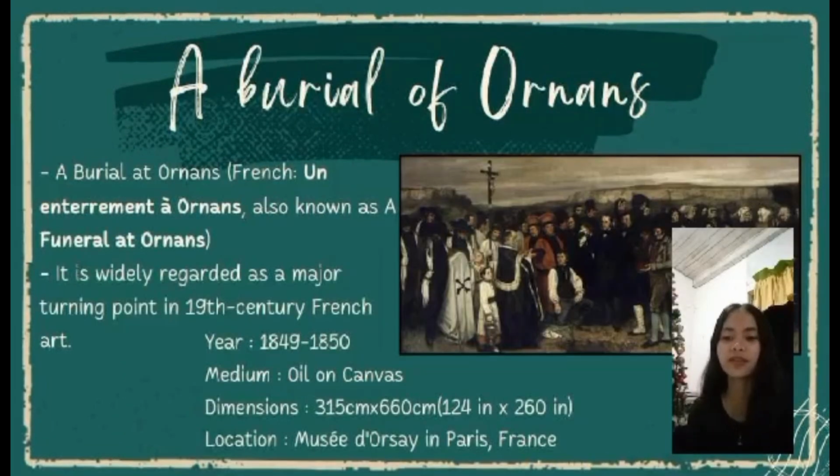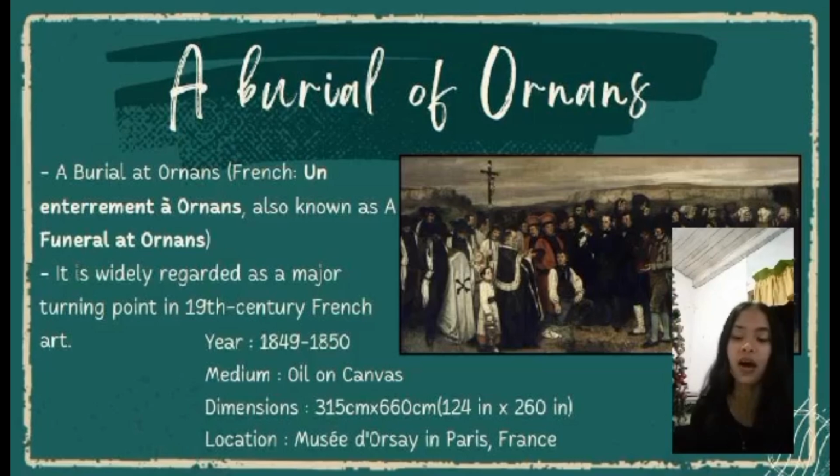Another painting of Gustave Courbet was A Burial at Ornans. A Burial at Ornans, or in French, Un enterrement à Ornans, also known as A Funeral at Ornans, is widely regarded as a major turning point in 19th century French art. As you can see, the painting records a funeral in Courbet's birthplace, the small town of Ornans.